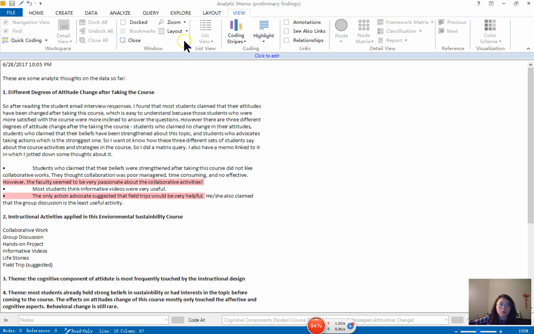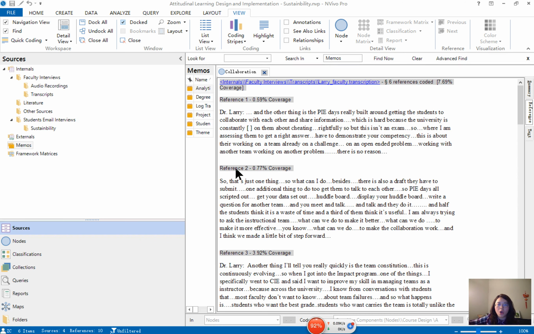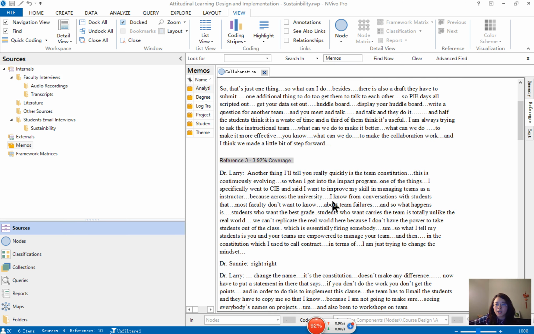If I go to see also link, I open that collaboration node. You see Dr. Larry says a lot about collaboration and how the collaborative work he thought was very effective in helping them be responsible for their behaviors towards certain topics.